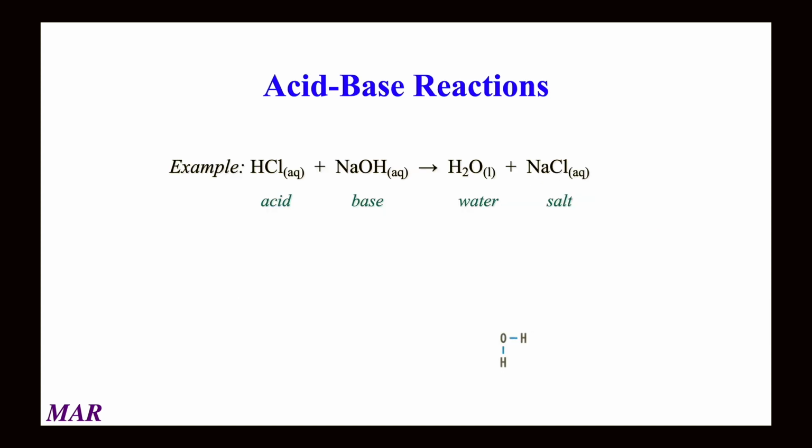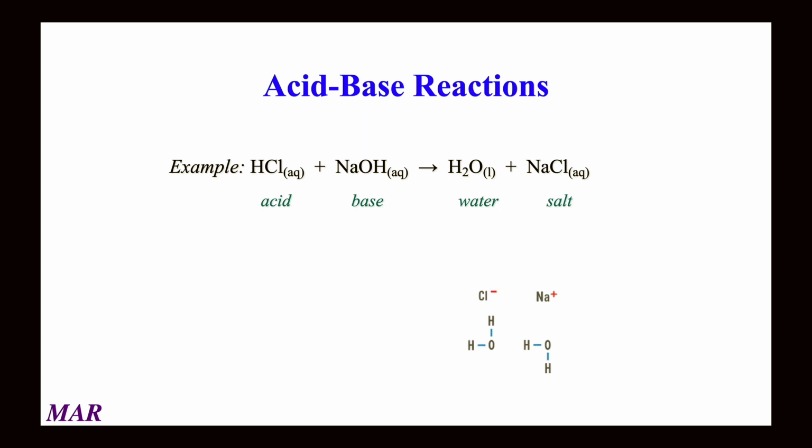When a molecule of hydrogen chloride and a water molecule encounter each other, they react to form a hydronium ion, H3O+, and a chloride ion. When sodium hydroxide enters the solution, it splits into sodium and hydroxide ions. The hydroxide ion and the hydronium ion react readily with each other to form two molecules of water.